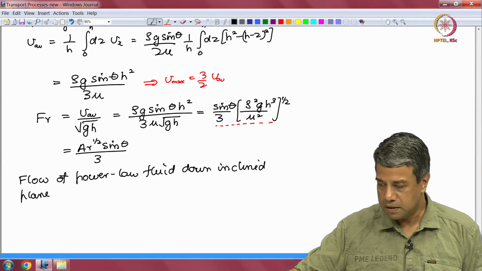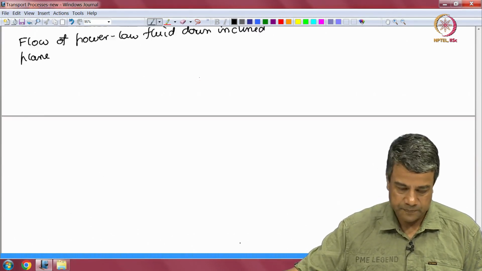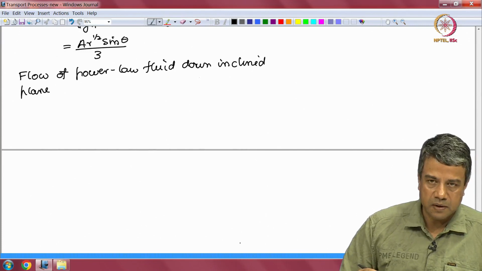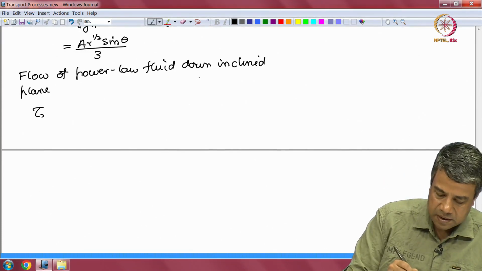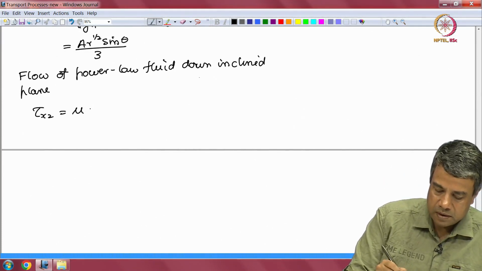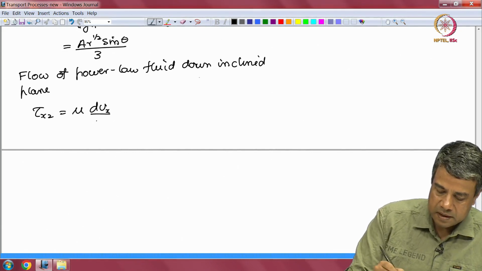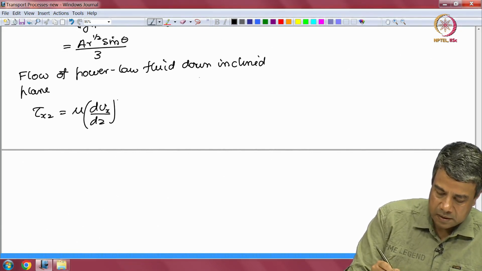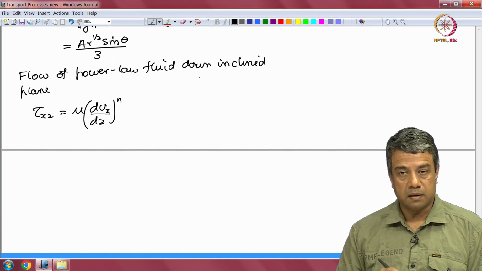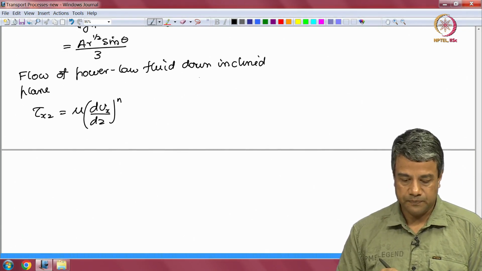Note that we had earlier written down the constitutive relation for a power law fluid, as tau x z is equal to mu dvx by dz power n, okay, when we did dimensional analysis. Okay.